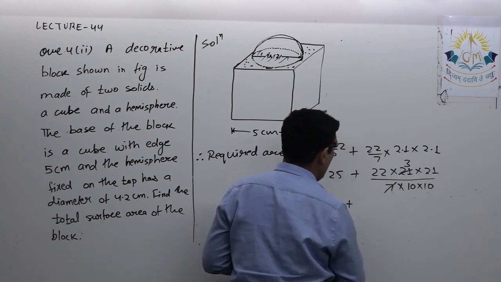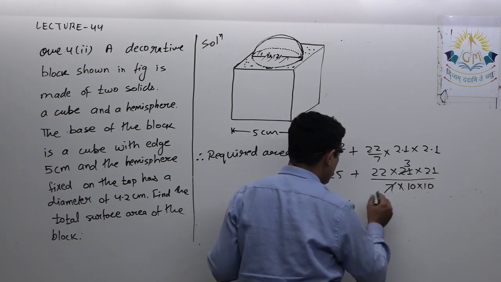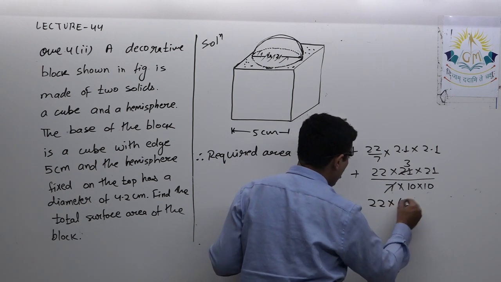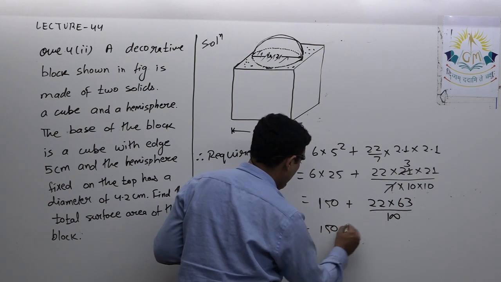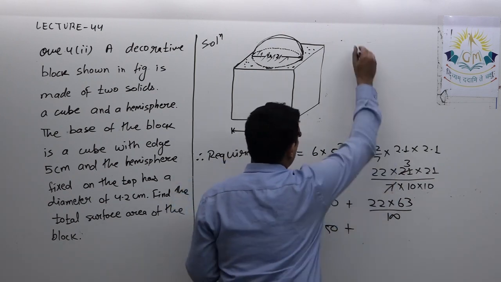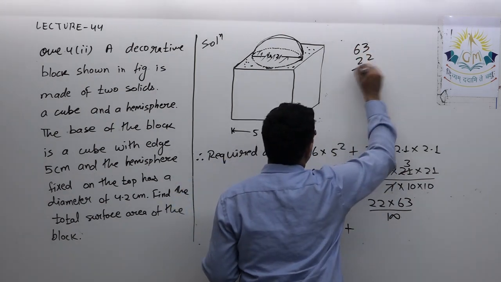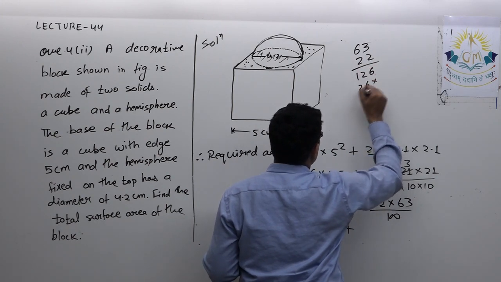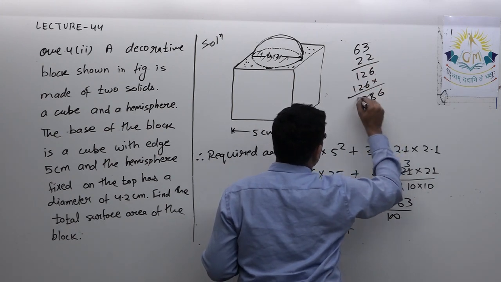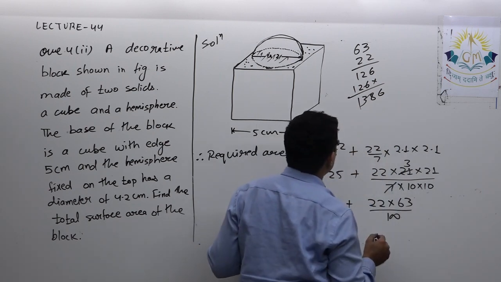Or 22 multiplied by 63 upon 100. So this will become 150 plus, now 22 into 63 is 1386.